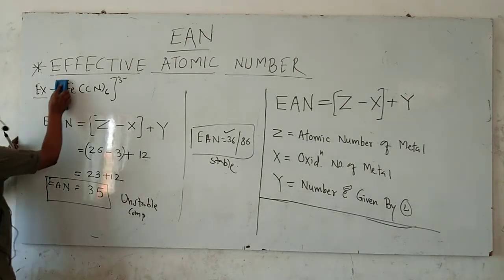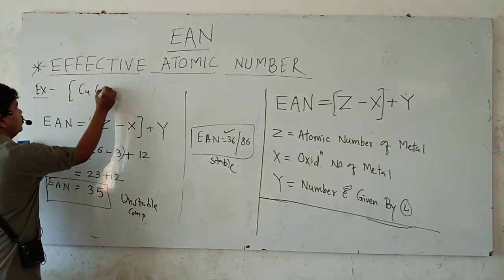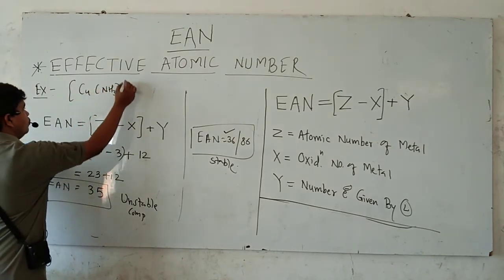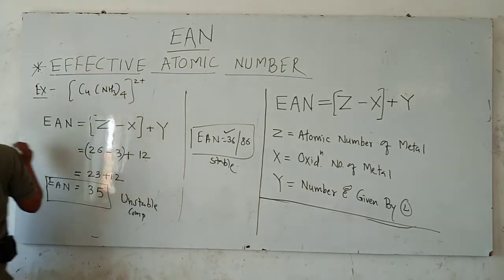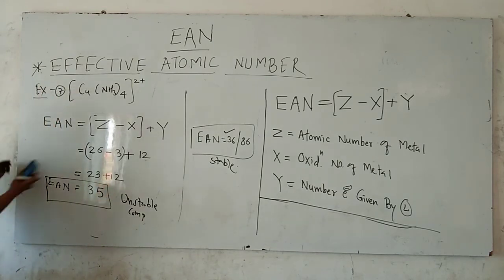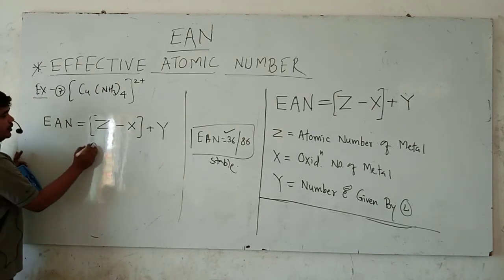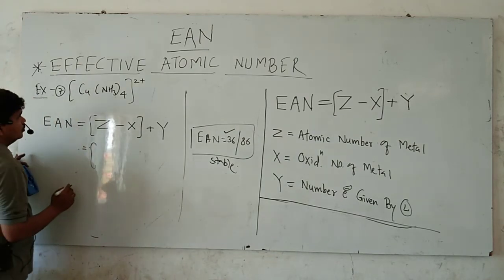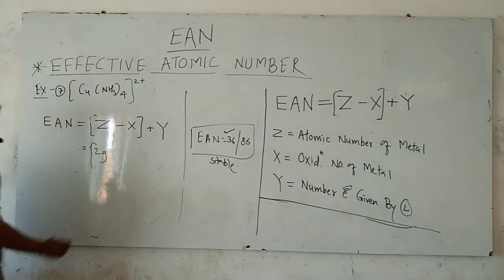Next example, [Cu(NH3)4]2+. Consider example number 7. Okay. What is Z, the atomic number of Cu? 29.